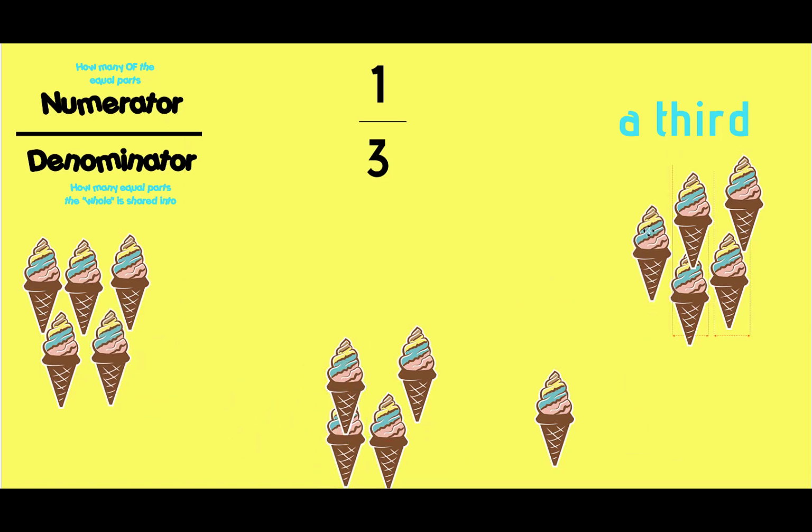So you've just got to be careful that you're very clear. Once I've put them into my 3 groups, I'm just going to check they've all got the same amount. This has got 5, this has got 5, this has got 5.